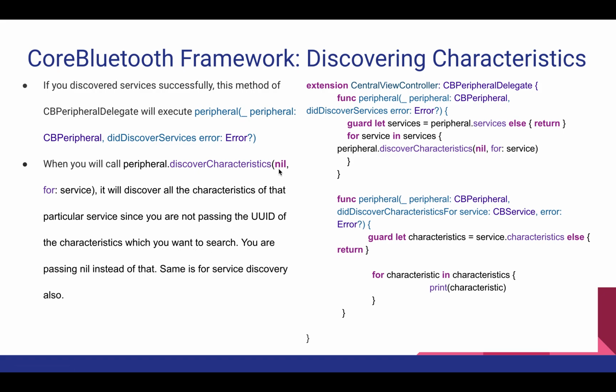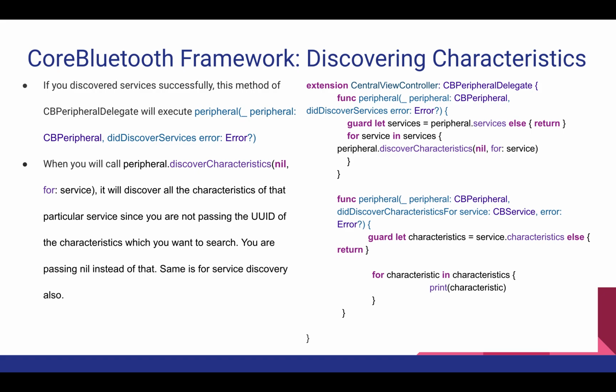Because here we are not passing any UUID, it will discover all the characteristics. But if we know the UUID of the characteristic in advance, we can pass that UUID as an array, right? Here you are passing nil instead of that. The same thing is applicable for the service discovery also.